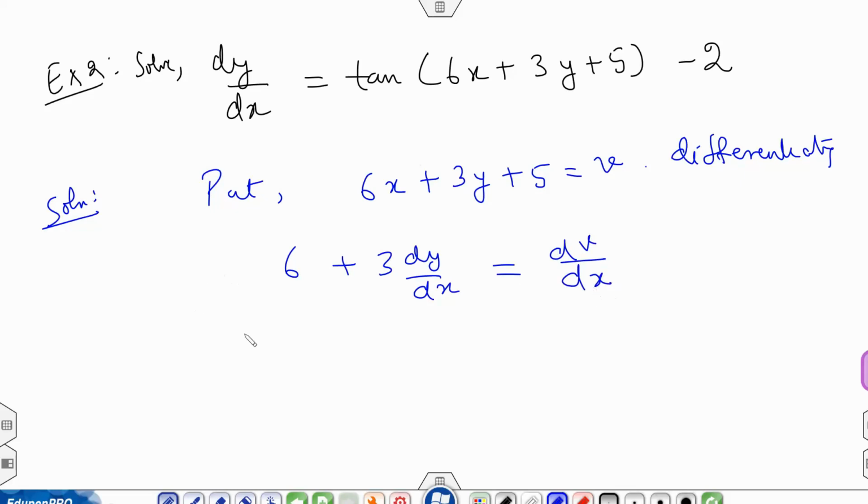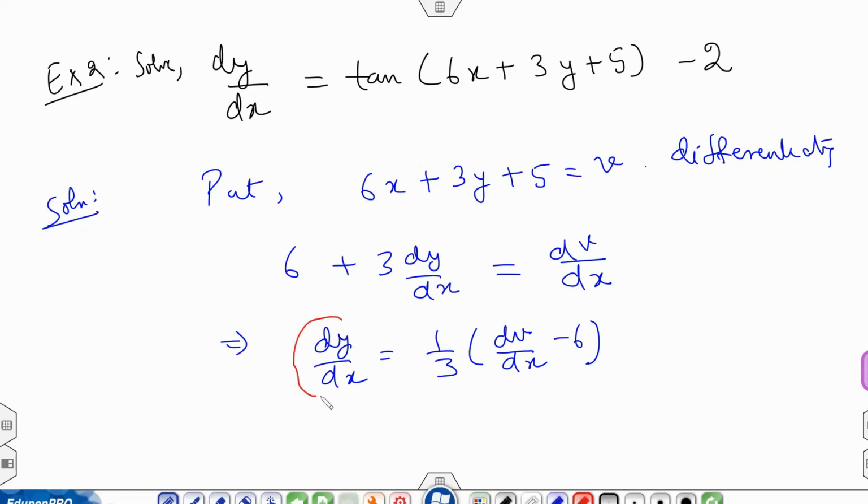So this implies that dy by dx will be equal to 1 by 3 times dv by dx minus 6. So what is the next step? You will substitute this value of dy by dx over here.